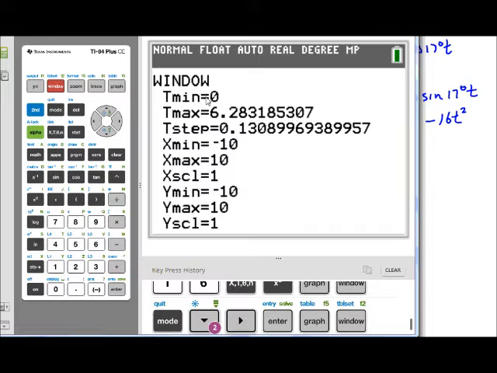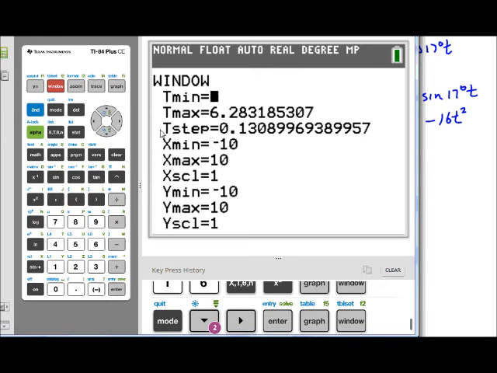But now let's go to the window and get everything outlined. Now we do these parametric equation sports problems. The t minimum is set at 0, and t maximum is usually set as standard at 6.28, which is 2 pi. And that happens to work for most sports problems. A ball in the air on this earth is not going to be up for longer than 6.28 seconds, unless it's a bullet or some ballistic implement like that.